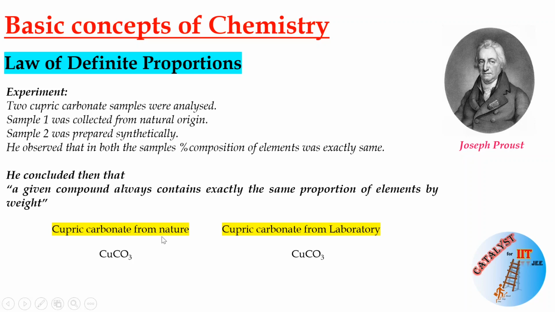Cupric carbonate from nature and cupric carbonate from the laboratory will have the same proportion of copper, the same proportion of carbon, and the same proportion of oxygen. As you can see, that is why the molecular formula is exactly the same for both cases.